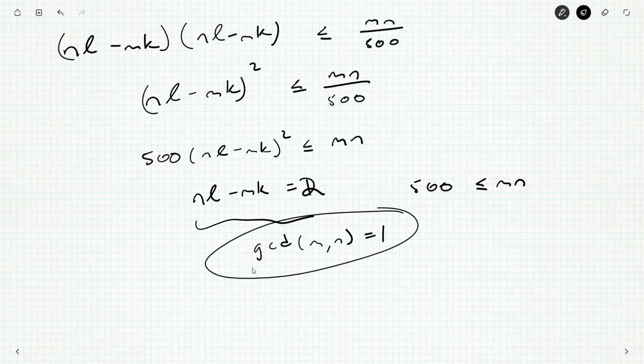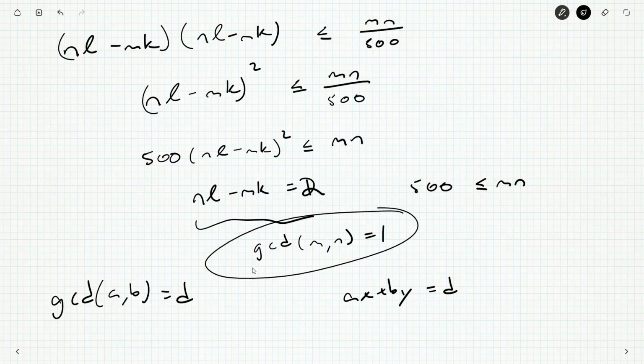So I need the GCD of M and N to be equal to 1. Why is that? Well, if GCD of A and B is equal to D, then I can find integers X and Y so that AX plus BY is equal to D. That's a nice property of being the greatest common divisor.